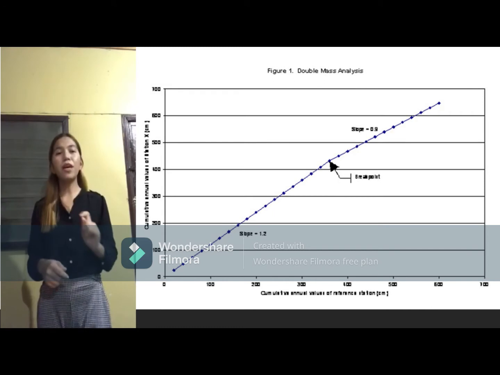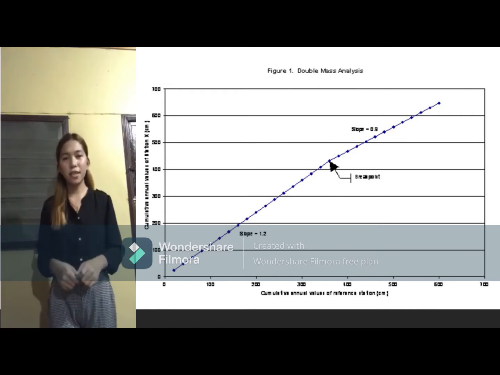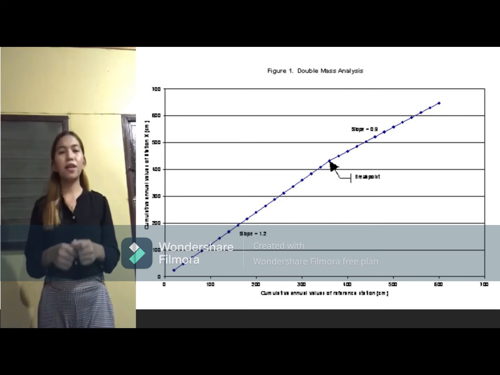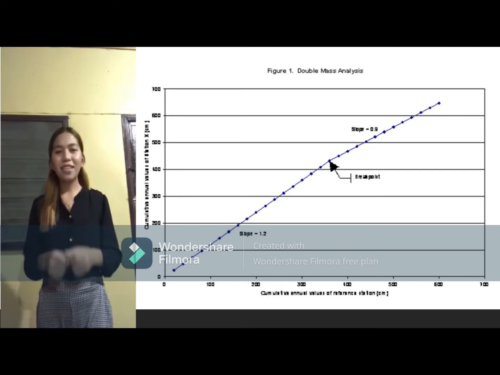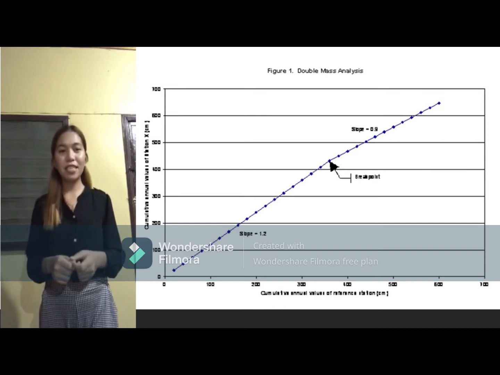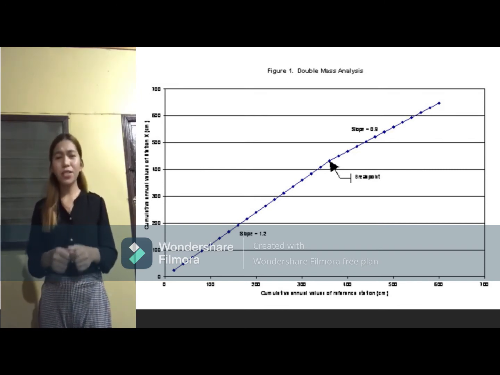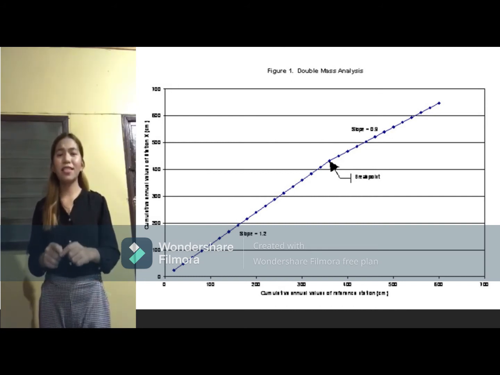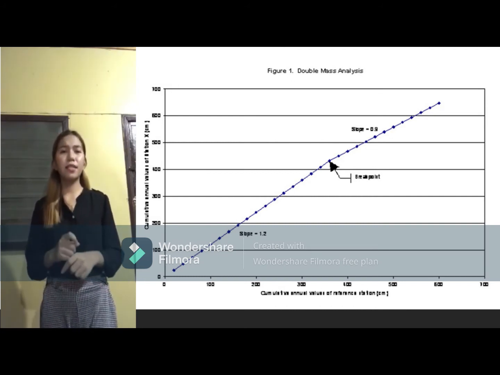If a record is found to be inconsistent, it is adjusted by means of bringing the deviated points along the fitted single straight line. So the technique needs to be available to the hydrologist having access to a computer system.